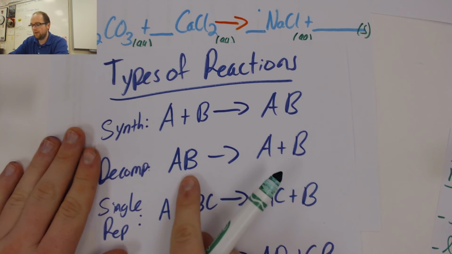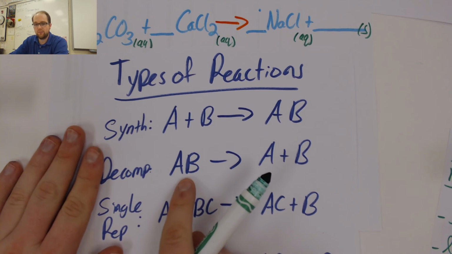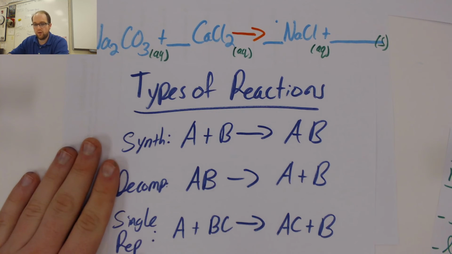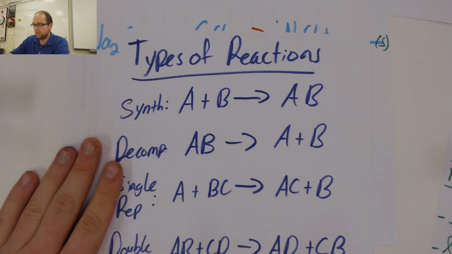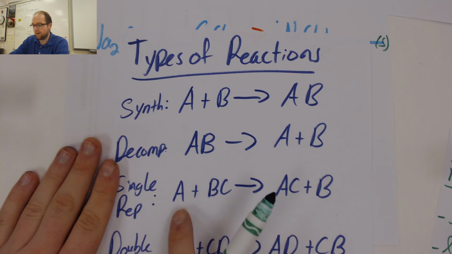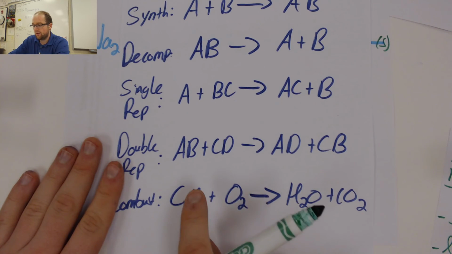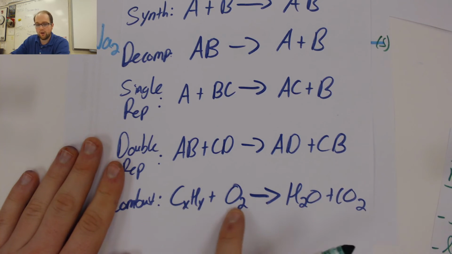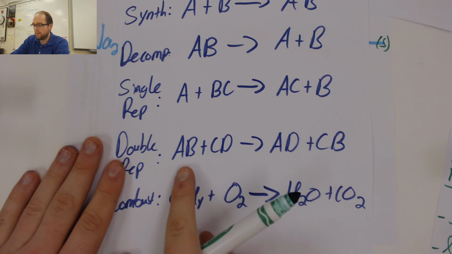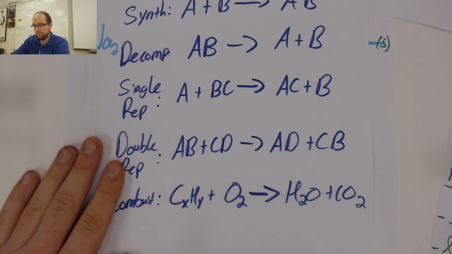Similarly, this would not be decomposition because we have more than one reactant. Single replacement, we're getting close. We have a compound, but we don't have a single element it's reacting with, which tells me, since we don't have any of our combustion reaction components, we are dealing with a double replacement reaction.